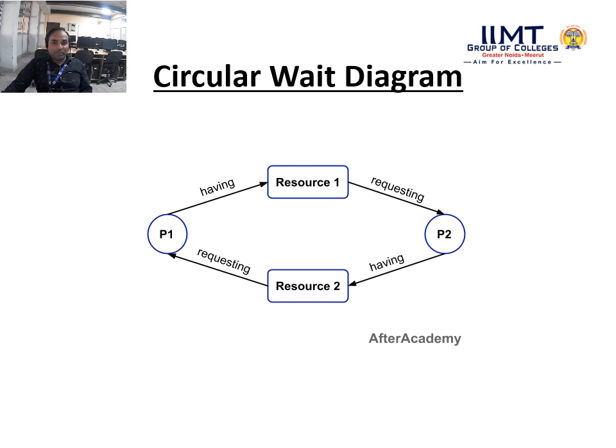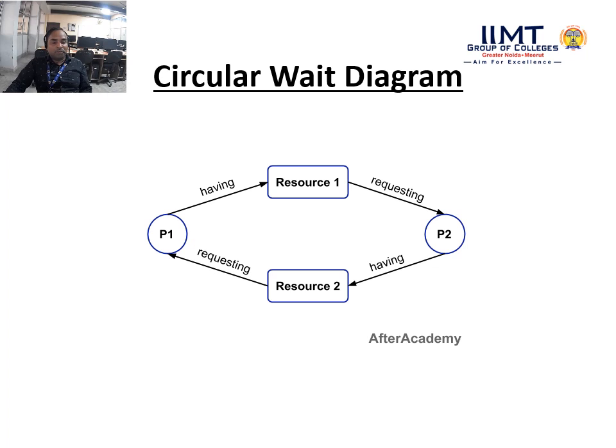P1 having resource 1 requesting P2, having resource 2 requesting P1. So you are seeing here there becomes a chain. How? P1 is having resource 1, and at the same time resource 1 is requested by P2, which is having resource 2 and also requesting P1.